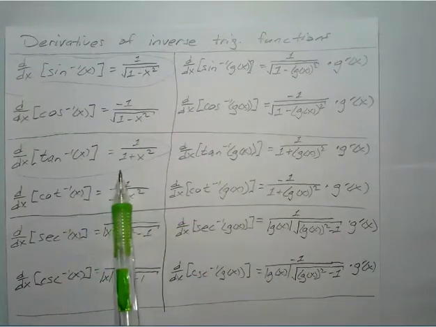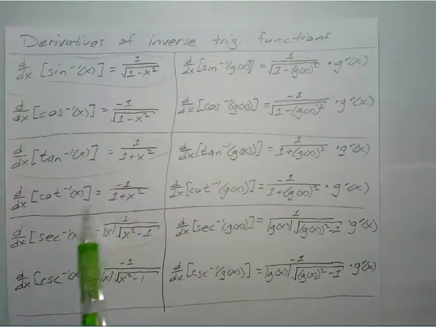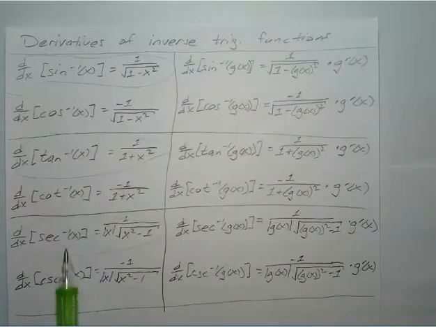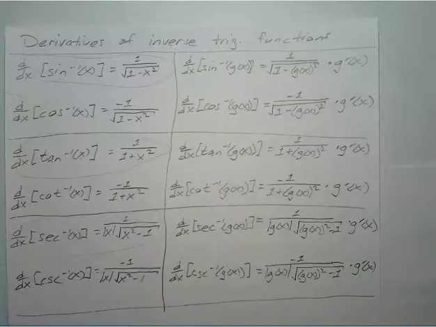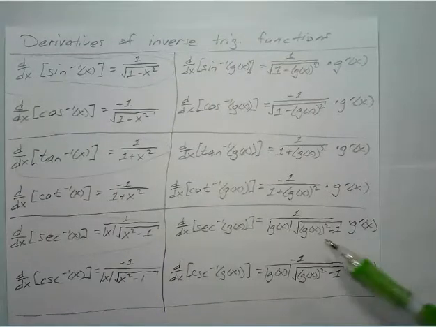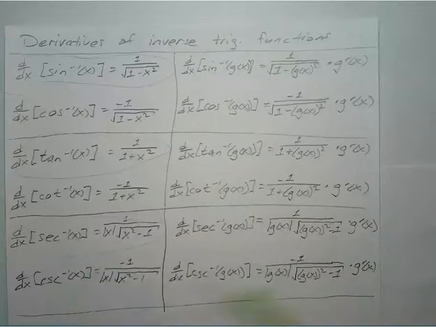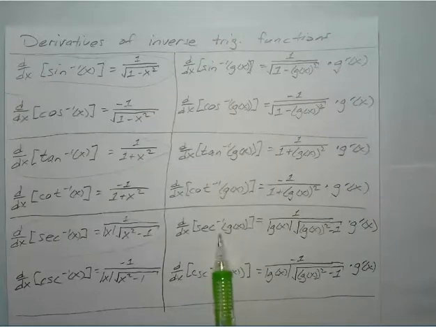If you have tangent, then cotangent will just be the negative of that one. If you know secant, then cosecant is just the negative of that one. And then if you have a function instead of just the x, then really all you have is the same thing, but the x's are replaced with the function of x, and then you multiply the whole thing by the derivative of that function.